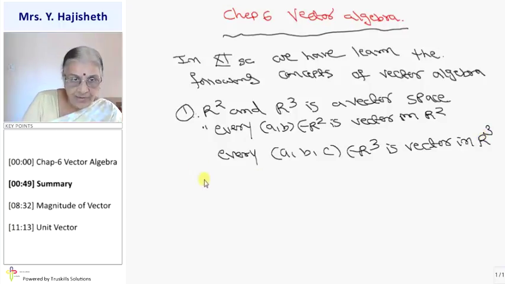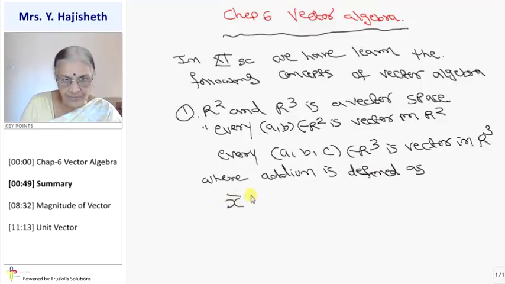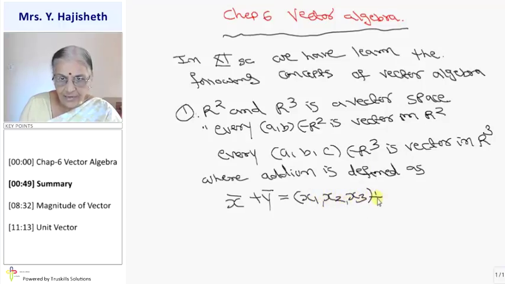Now here, how do we define addition? अगर triplet x1, x2, x3 को मैं x ले लूं, triplet y1, y2, y3 को मैं y ले लूं. So how do I add two vectors in R cube?